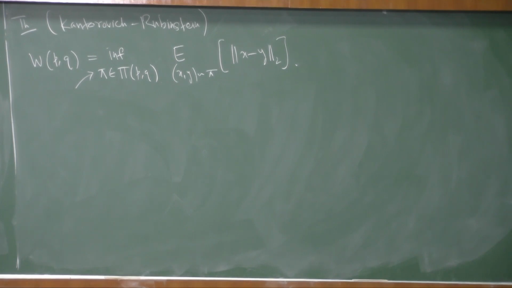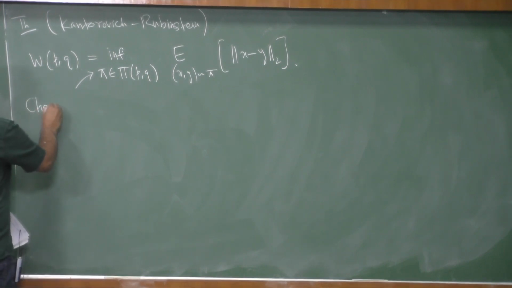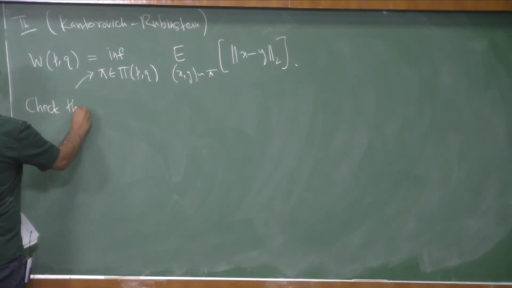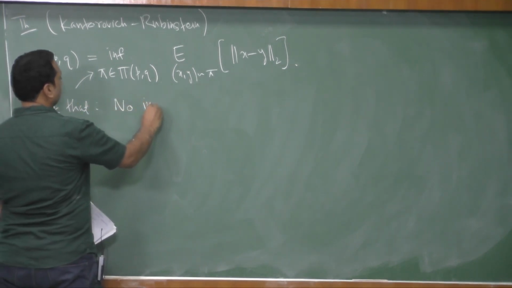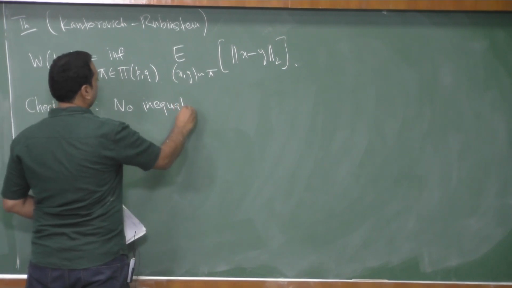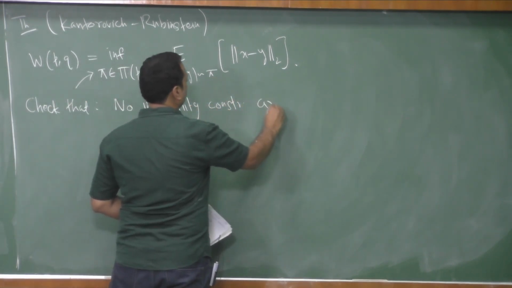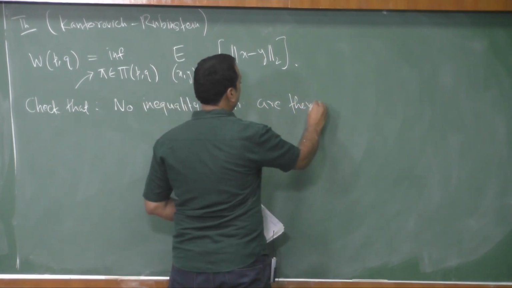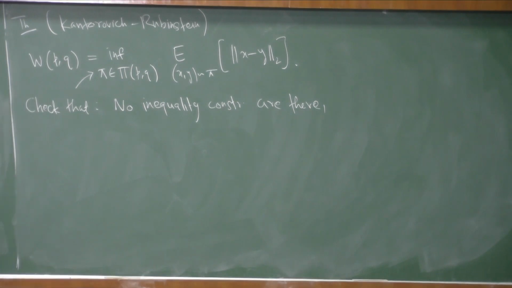So, let me write this immediately. Check that no inequality constraints are there, and our objective must be convex, right, and the norm seems to be convex in x, y.